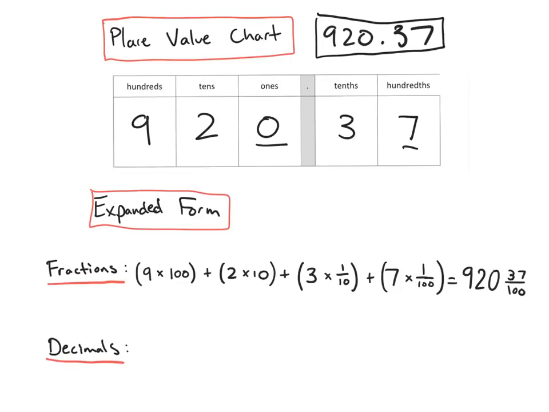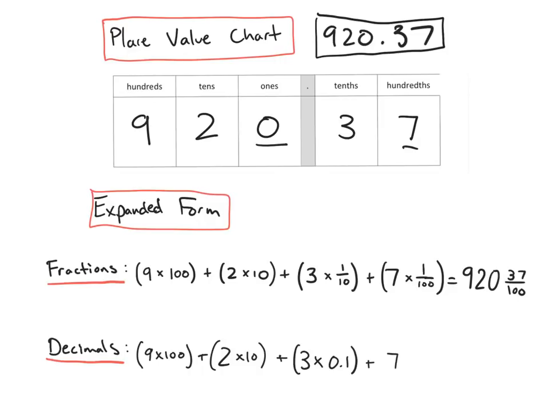And just a reminder for our decimals, our whole numbers are going to stay the same. So we have 9 in the hundreds place, 2 in the tens place, and then nothing in the ones place as there's a 0 there. 3 in the tenths place, and I'm going to represent 1/10 as a decimal.